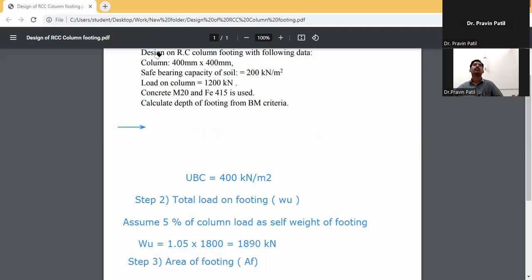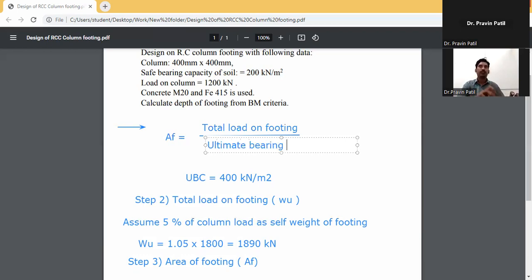So AF is equal to total load on footing divided by UBC of footing, ultimate bearing capacity.